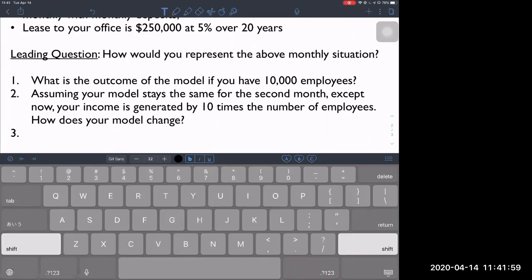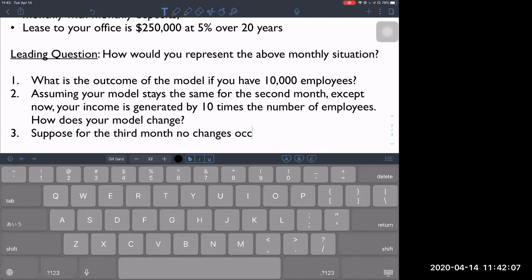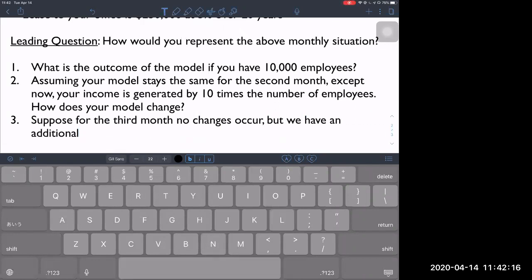And then last is, suppose for the third month, no changes occur, but we have an additional one-time expense.